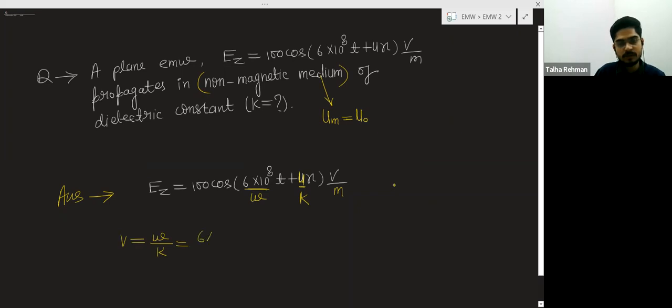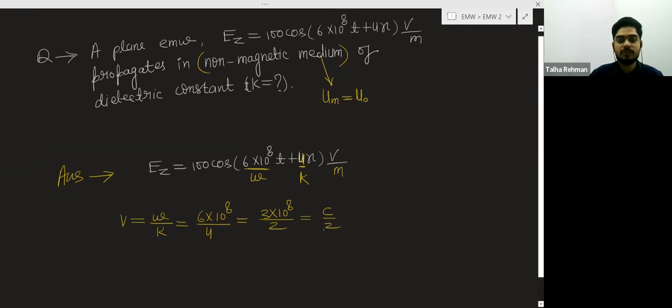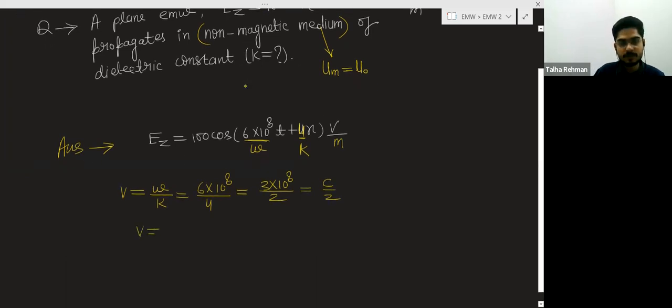Omega is 6 into 10 to the power 8 divided by 4. So it becomes 3 into 10 to the power 8 divided by 2, and 3 into 10 to the power 8 is c. So the speed of this wave is equal to c by 2. This is your equation number 1.